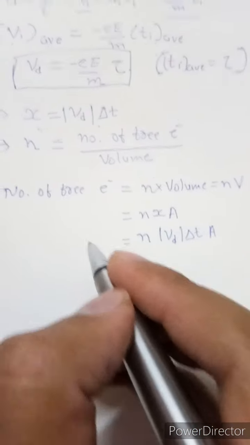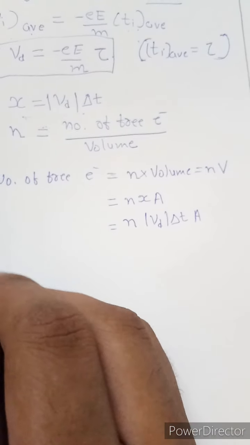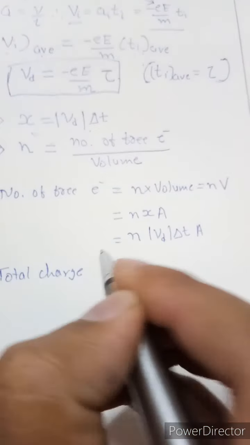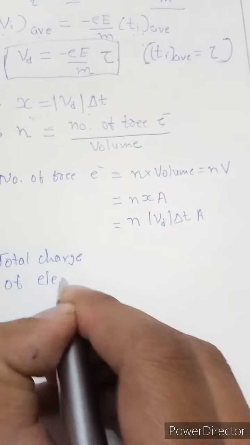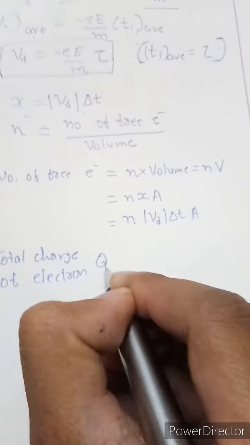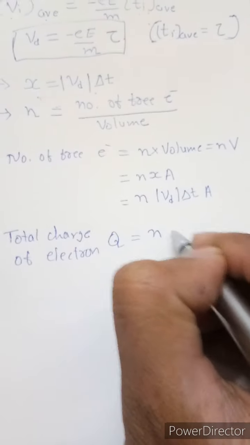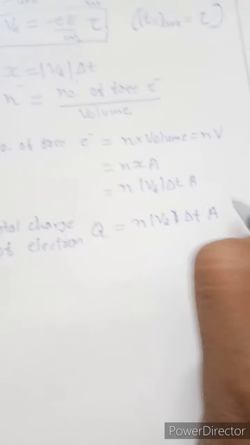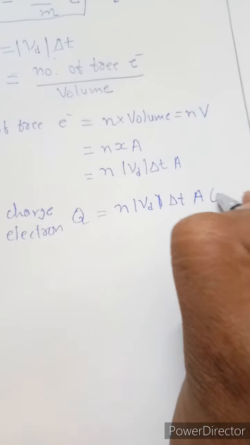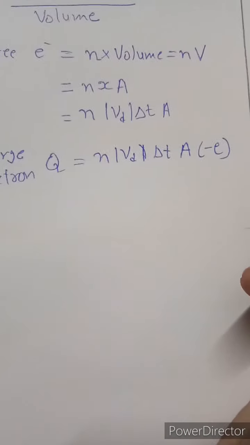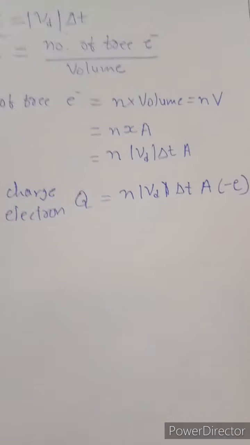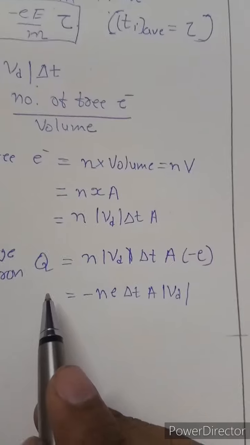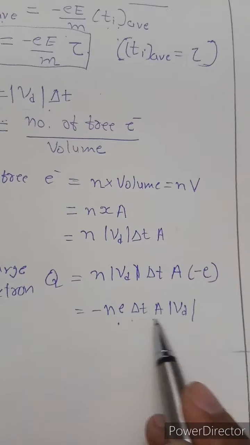So total charge of electron, capital Q, is given by n Vd delta t into A into minus e, where e is the charge of the electron. Hope all are getting my point. Now Q is equal to minus n e delta t A into Vd.